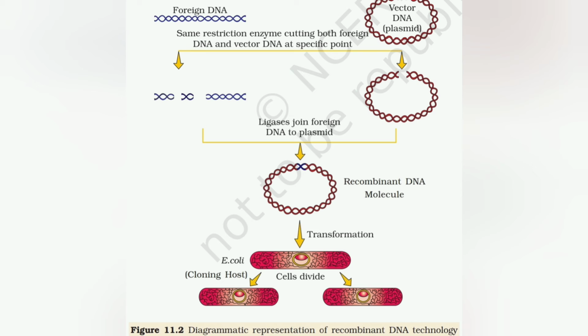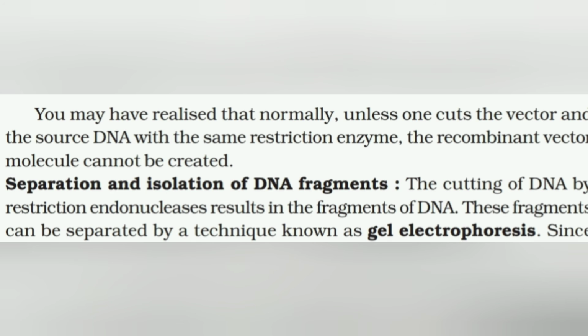After that, this recombinant molecule is allowed to get into the bacterial cells with the electric shock. We may have realized that normally, unless one cuts the vector and the source DNA with the same restriction enzyme, the recombinant vector molecule cannot be created.